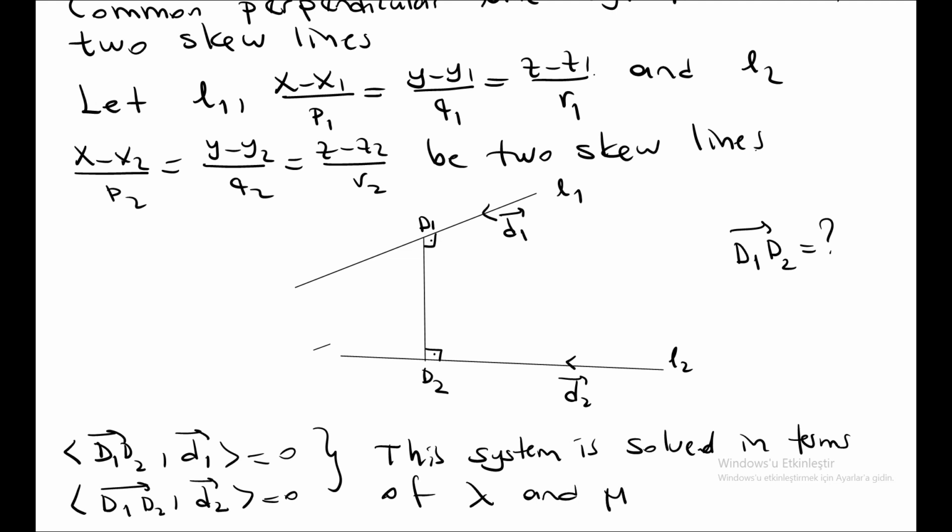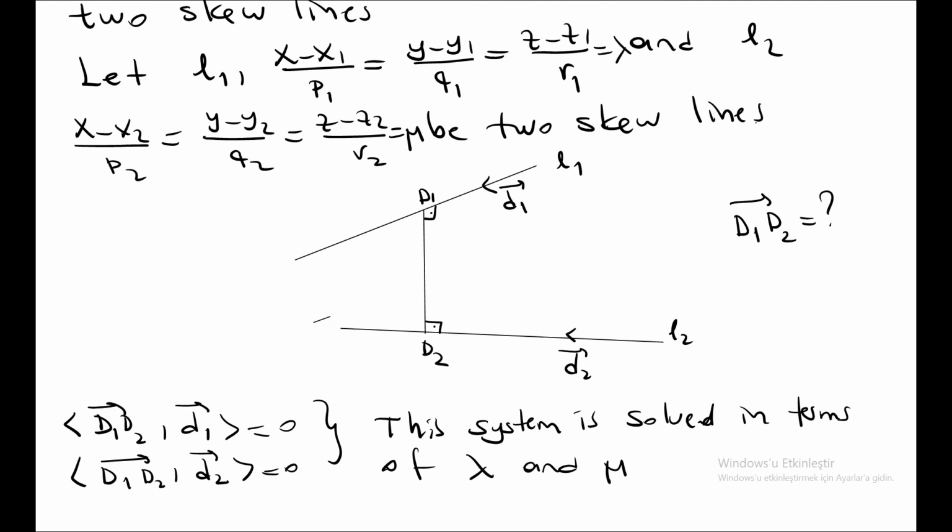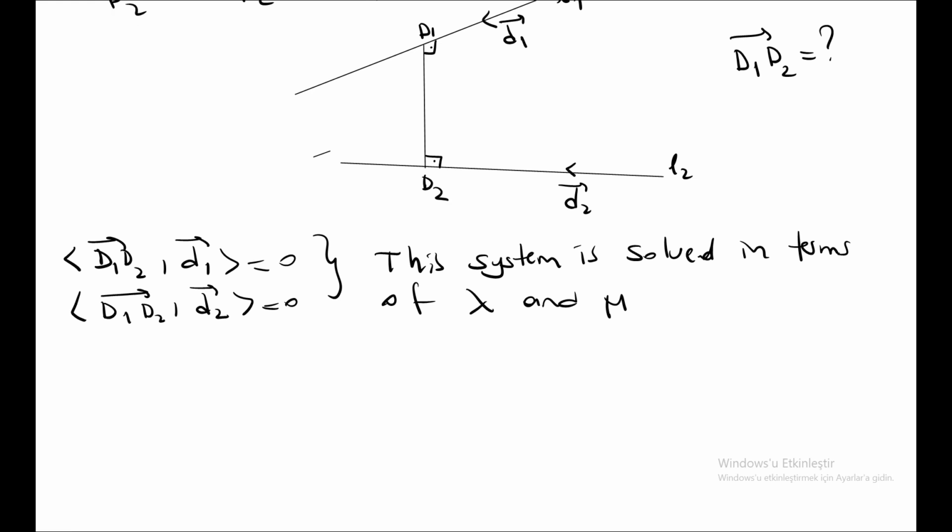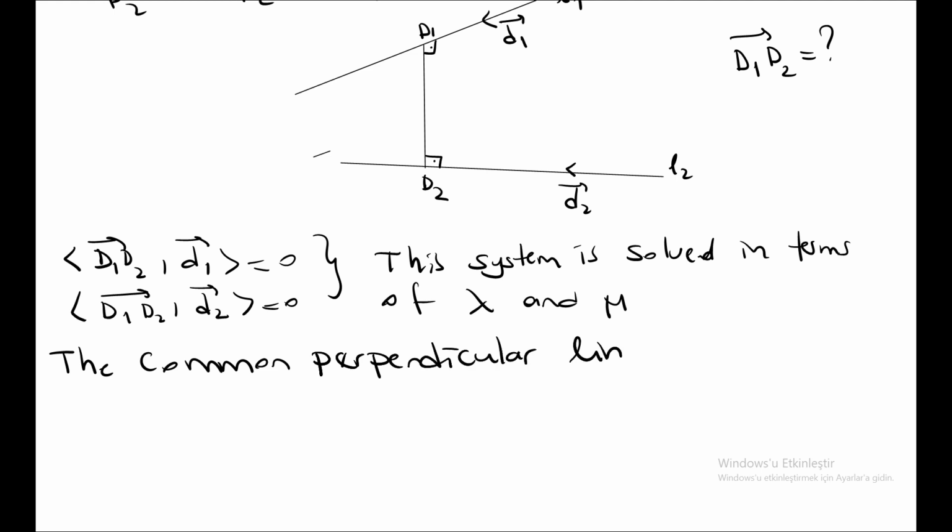So lambda is this one, okay, this lambda, and this mu. So then the common perpendicular line segment can be found.